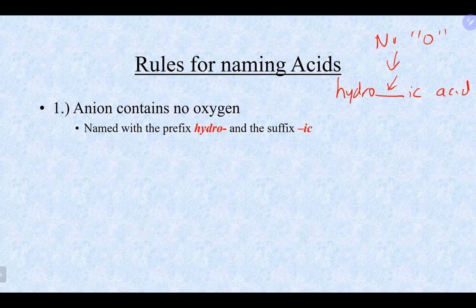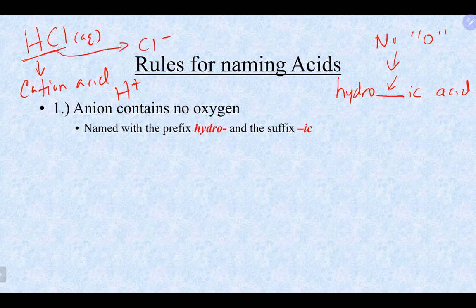Because when we deal with an acid, say like HCl, we look at this: the cation with every acid is H plus. And in this case, the anion here would be Cl minus. It really is like an ionic compound, so positive and negative equal 0.